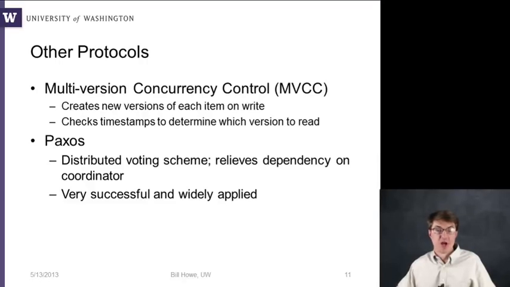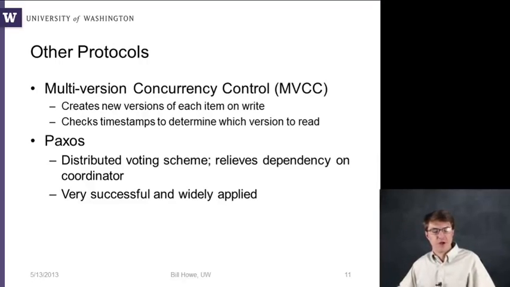Okay, and if it's been updated since the time you're supposed to be reading it, then prior to MVCC, all you could do is abort the read and say, look, you're looking at dirty data, you're done. But with multi-version concurrency control, you can actually keep multiple versions around and redirect the read potentially to the prior version that is correct. Okay, and thereby avoid aborting certain transactions.